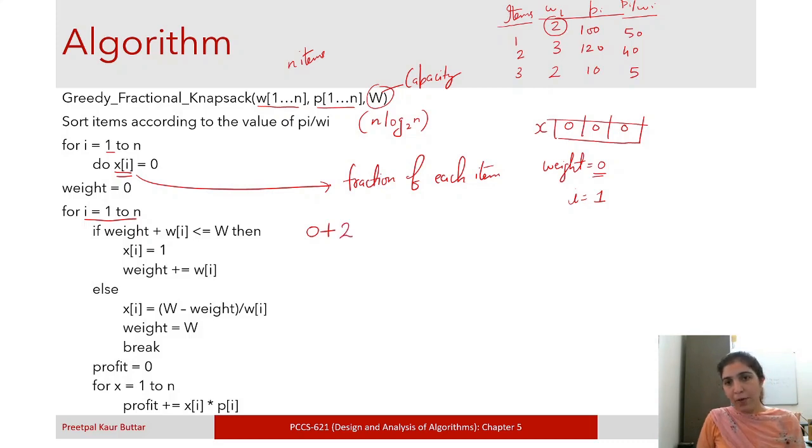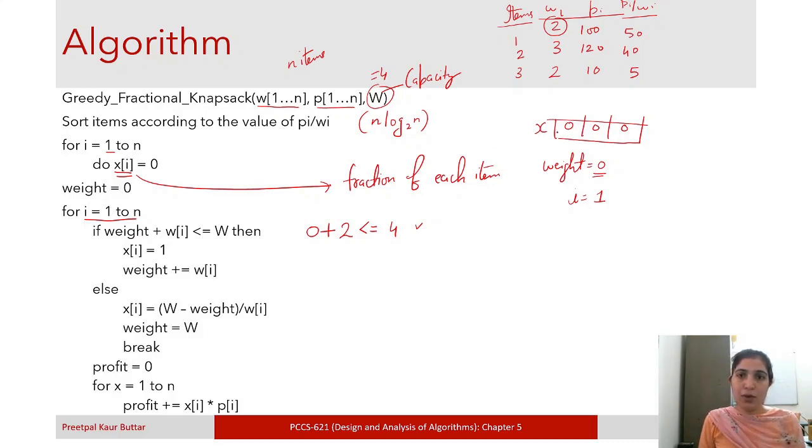It means if we pick 100% of item i, then we will put all the weight of that item inside the knapsack, and it is possible only if it is less than or equal to the capacity of the knapsack. Here the capacity of the knapsack is 4. Capital W is 4. So this is true. It means the weight of item i is less than the capacity of the knapsack, so we can put this item inside the knapsack.